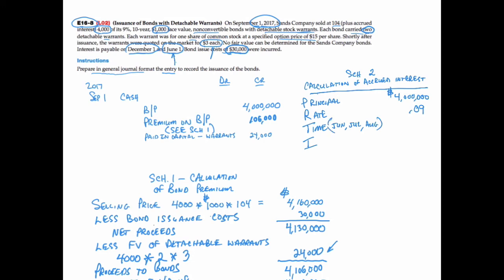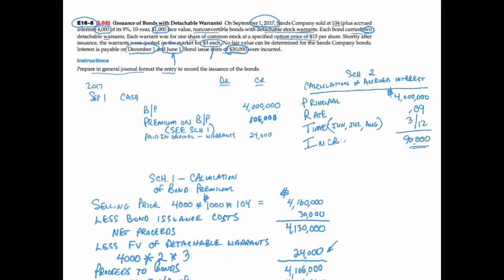That's 3 months out of 12, and we know it's 12 because the 9% is annual. Yes, we're only going to have to pay 6 months' worth of interest, but 3/12 has accrued. So 4 million times 9% is 360,000, times 1/4 is 90,000, and that's our interest.